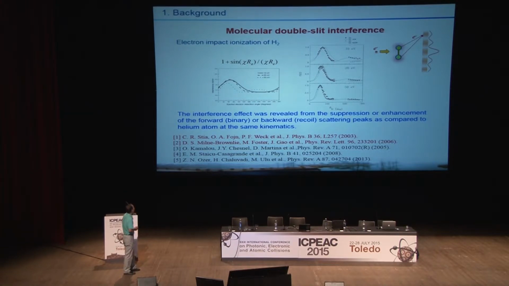This interference effect was revealed from the suppression or enhancement of the binary peak or recoil peak in the cross-section, as compared with helium-like atoms at the same kinematics.